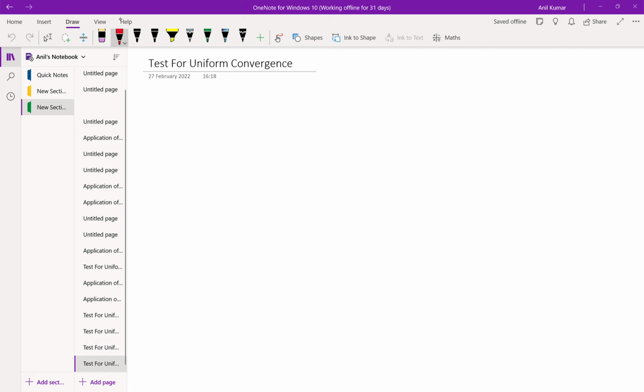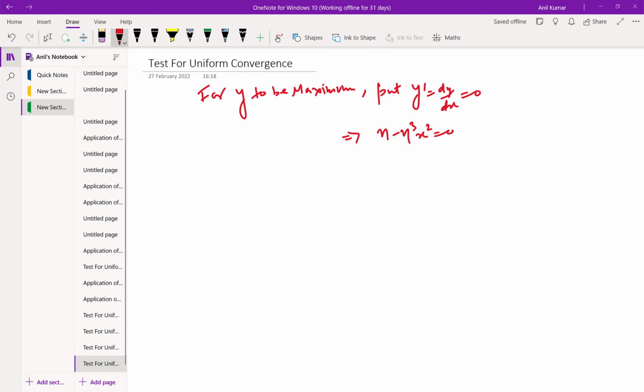Now for y to be maximum, क्योंकि हमें इसी का मैक्सिमम फाइंड करना है, for y to be maximum, put this derivative y prime, which is your dy by dx, equal to 0, so ये हो जाएगा n minus n cube x square is 0, and it will be 1 minus n square x square is 0, right?